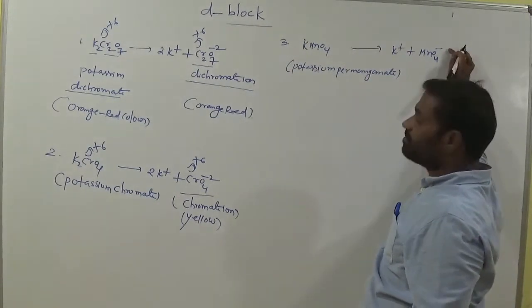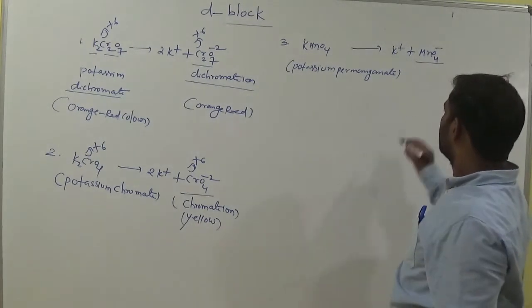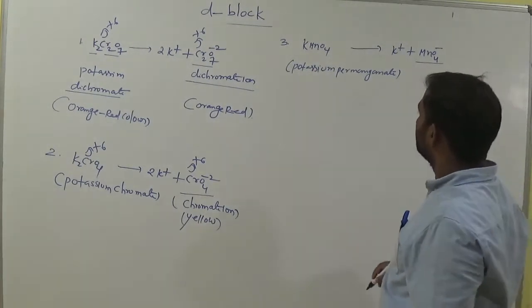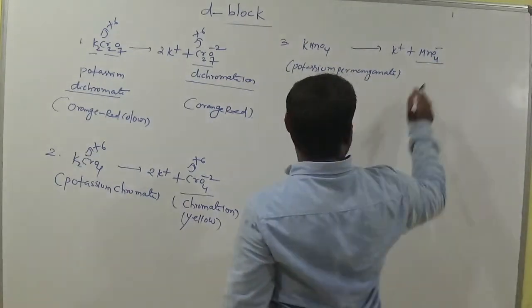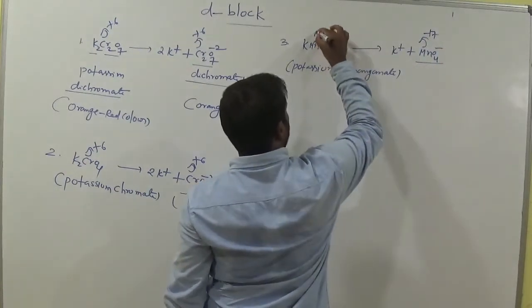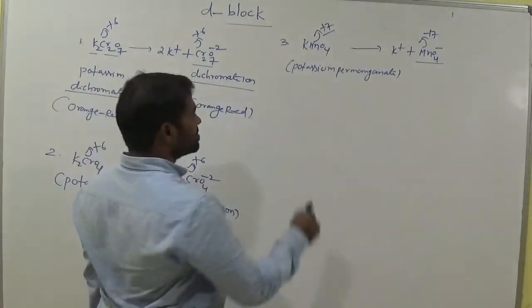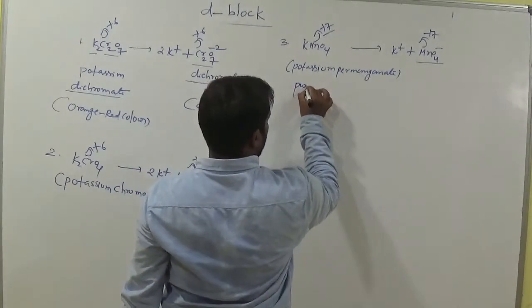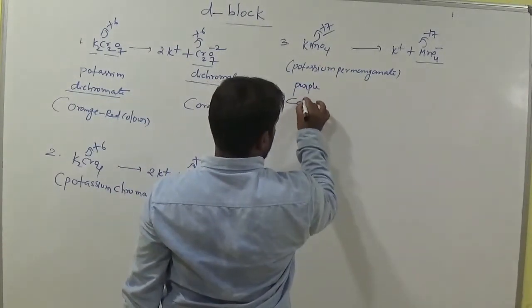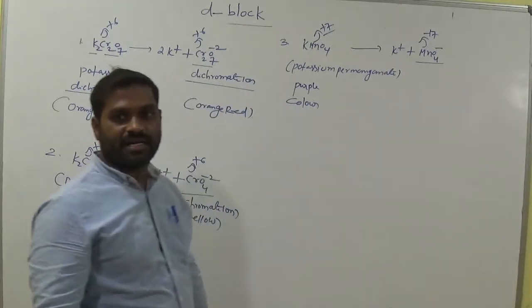Plus 1 means keep minus 1 here. What is the oxidation state of manganese? Plus 7. It is a purple color. It is also purple in color.